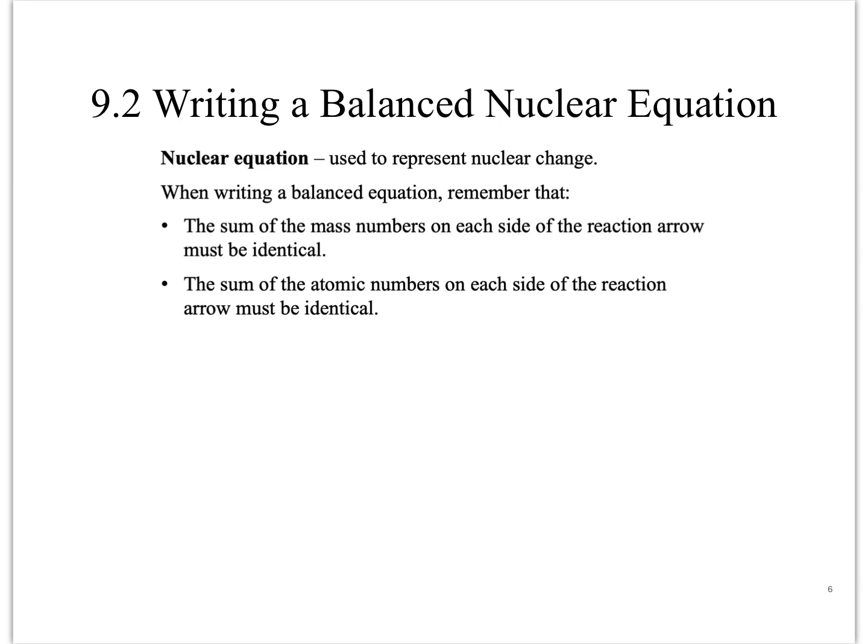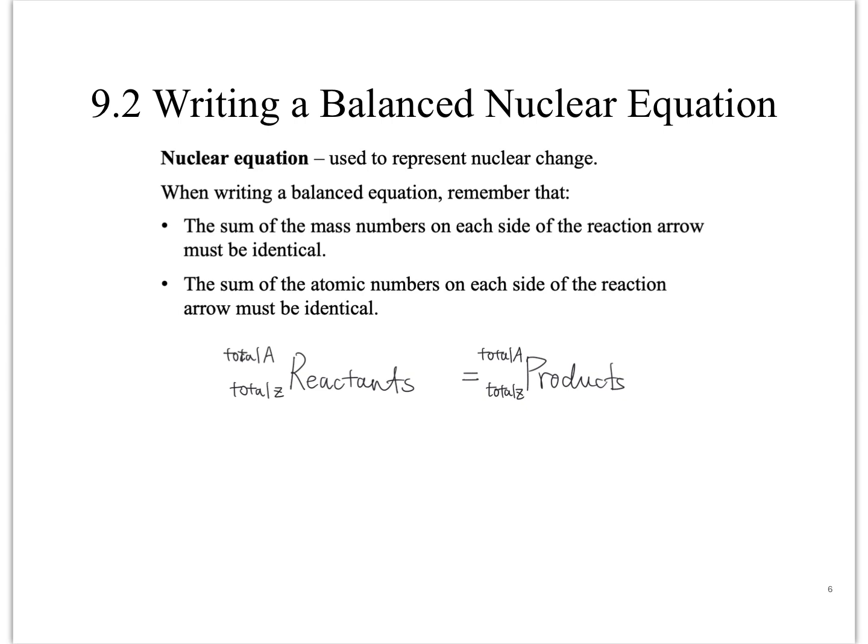To write this balanced equation, what we want to achieve is that, for the reactants and the products, on both sides the total Z number should be equal, and also the total A number. In other words, the mass numbers on both sides added together should be equal.